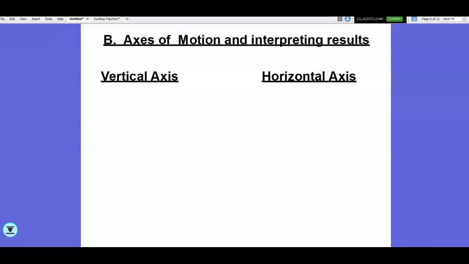So let's talk about axes of motion and interpreting results once again here, because that's going to mean something to us. If you're moving along a vertical axis, a positive velocity would indicate that your object is moving up.